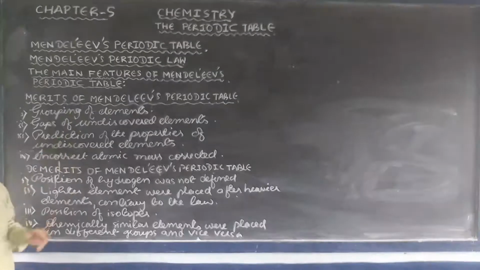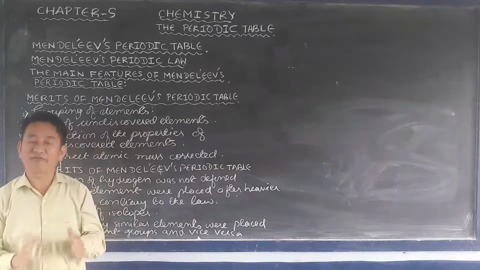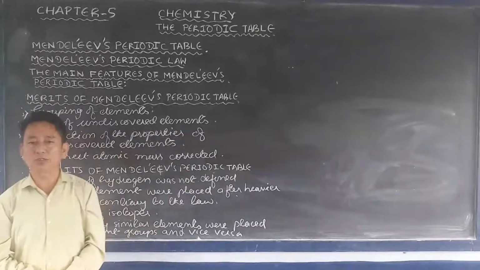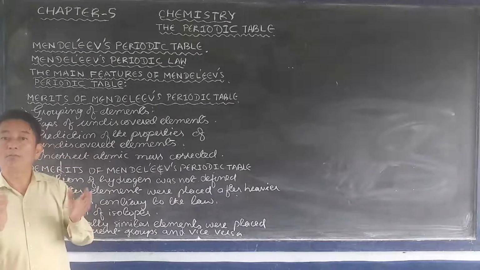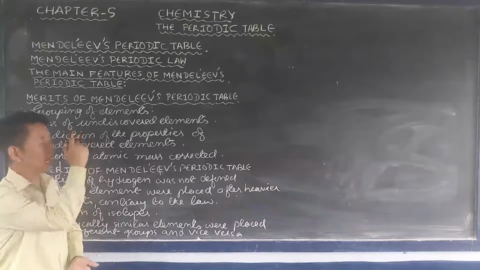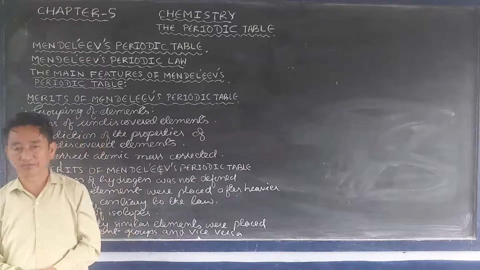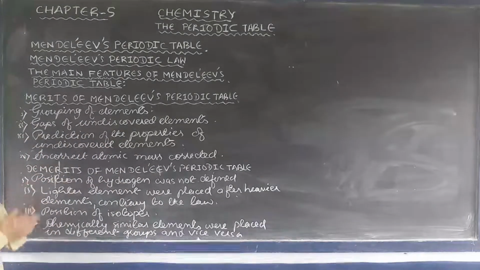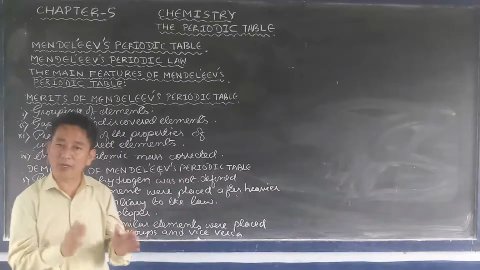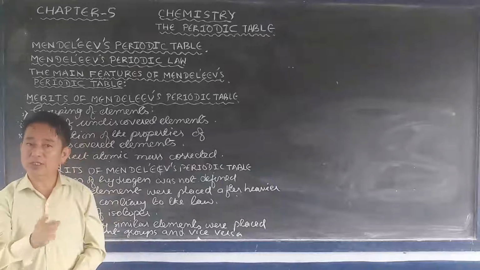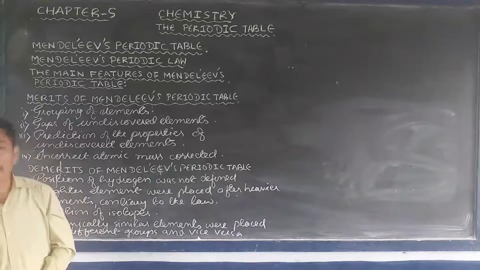This law states that the physical and chemical properties of elements are a periodic function of their atomic masses; this classification was based on atomic mass. According to his law, when the elements are arranged in the increasing order of their atomic masses, elements with similar properties repeat after regular intervals.